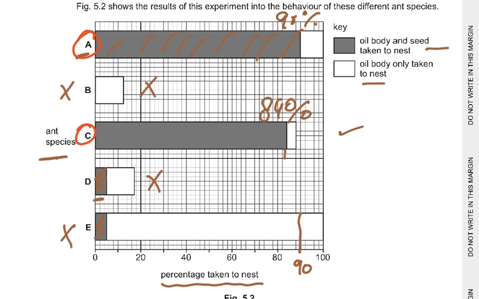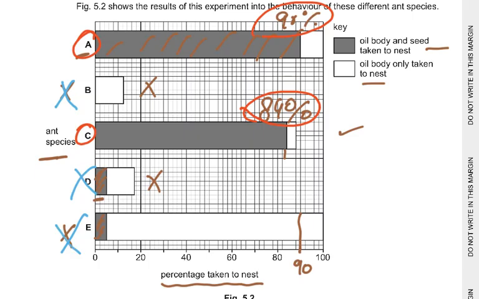And then you can give a data quote, 84% and 90%, which gets you another mark. If you said 84% of ant species C and 90% of ant species A took away the oil body and the seed to their nest, then ant species B, D, and E were all useless.